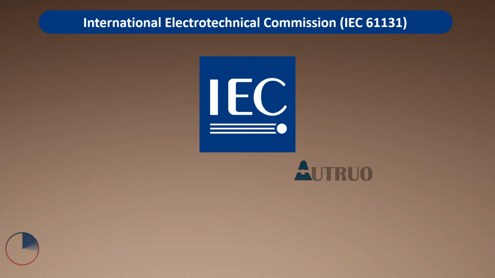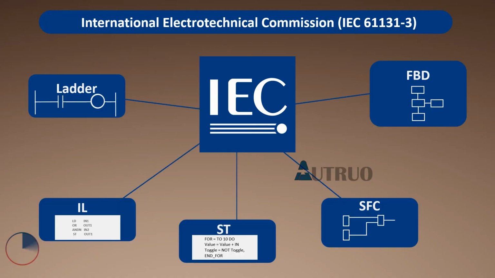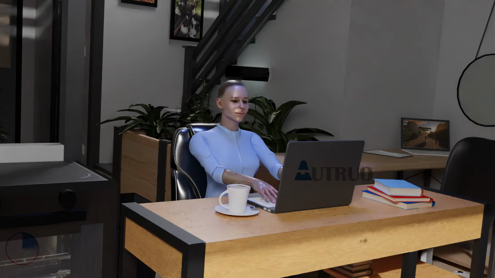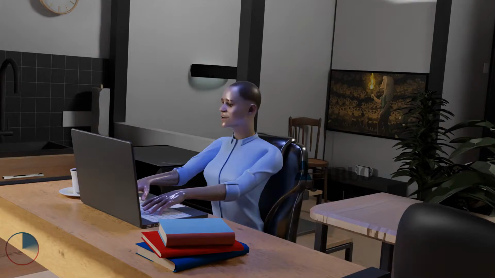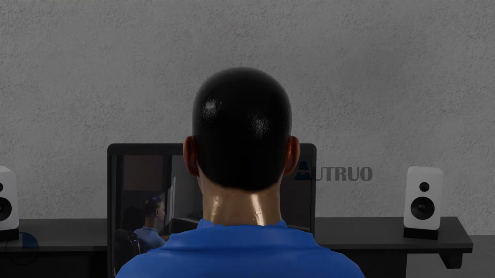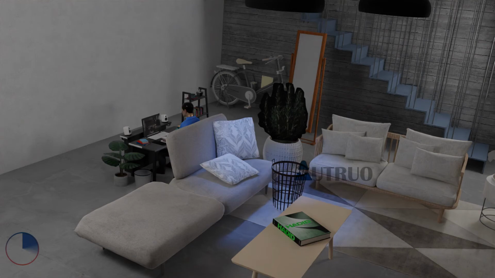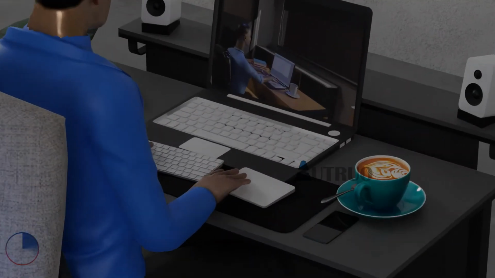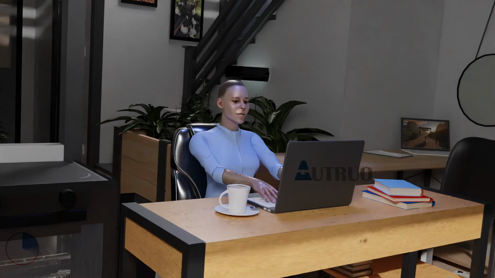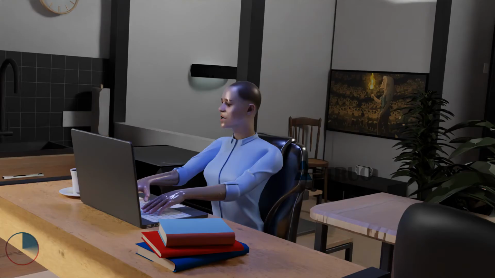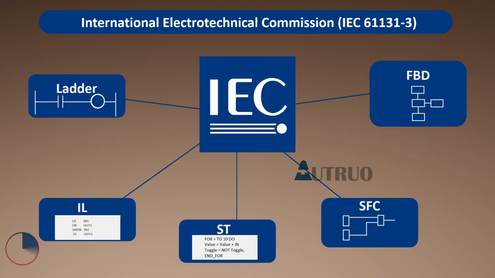Now the third part of IEC 61131-3 defines the programming languages used for programmable controllers. It was first published in December 1993 by IEC, while the current edition, which is the third edition, was released in 2013. This set of standards defines the basic architecture of specific programming languages and allows programming in 5 different programming language standards.